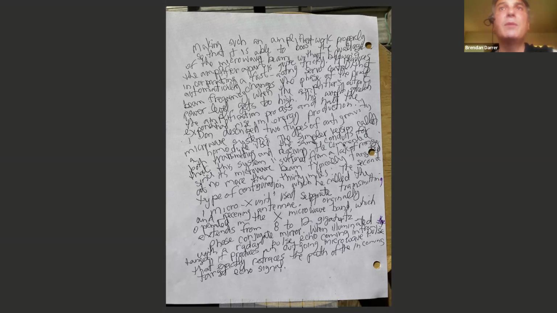He commented that this system suffered from a lack of range since its microwave beam was typically targeted at no more than 30 miles.